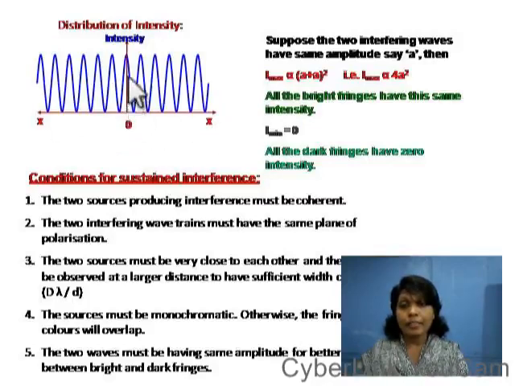You can see at the center the intensity is of some value, and just at the dark fringe position you have intensity minimum or 0. The intensity remains almost the same for all the bright fringes in this case, and intensity remains almost the same, close to 0 for all dark fringes here.